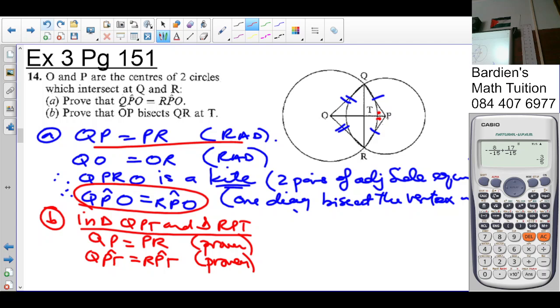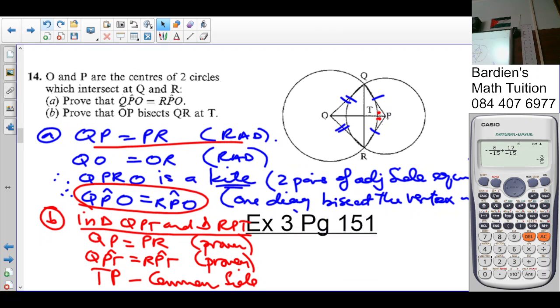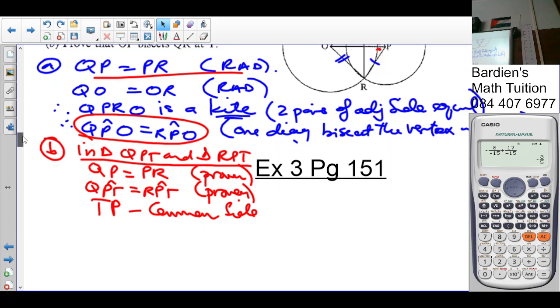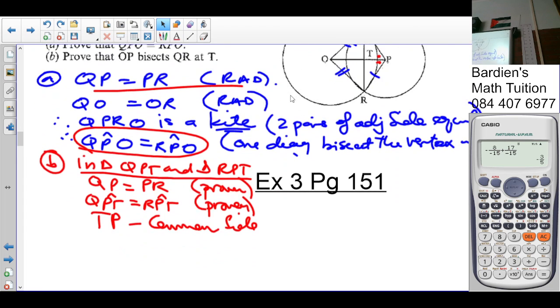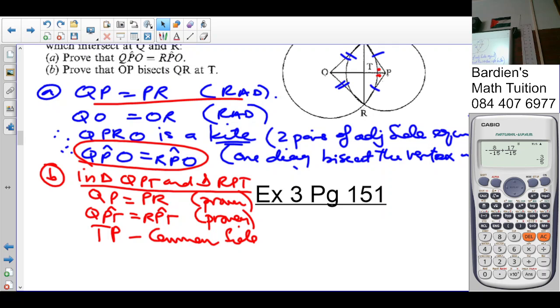And the last one, TP is equal to TP. Okay, so TP is a common side. So here we got side angle side. So we can say, therefore, triangle QPT is congruent to triangle RPT.